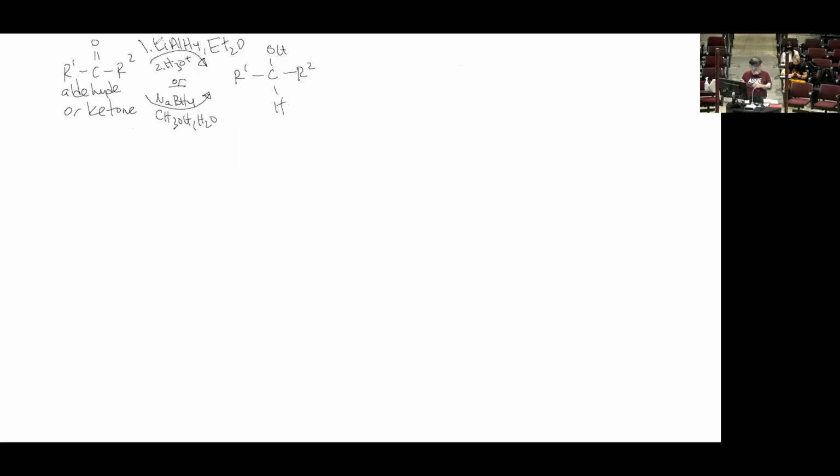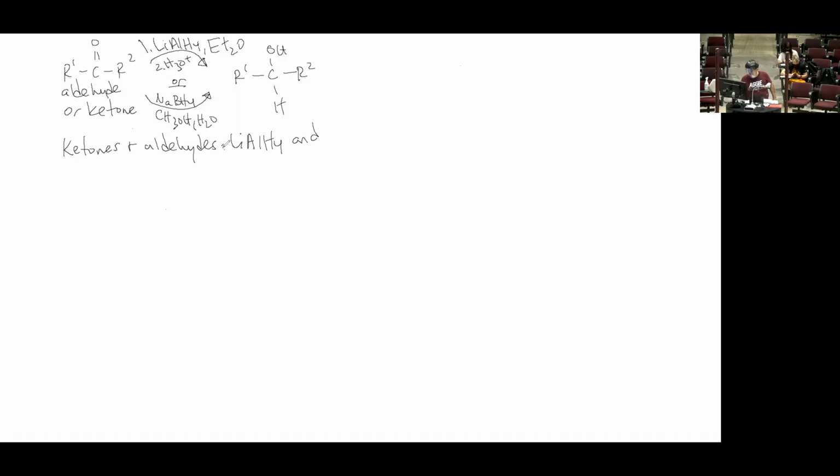Only, of course, we don't keep lithium aluminum hydride or sodium borohydride in our bodies, and neither does any other living creature. Instead, we have biological reducing agents that do that for us. You probably have heard of them in your biology classes. They're species like NADH, the nicotinamide adenine dinucleotide in the reduced form, and NADPH. So those are essentially biological LAH.